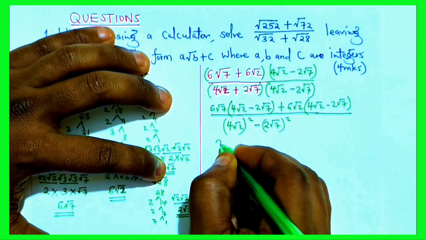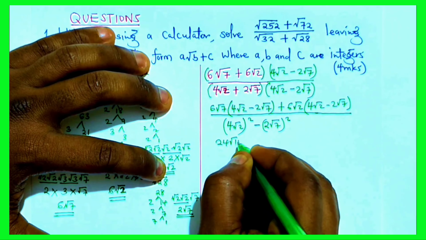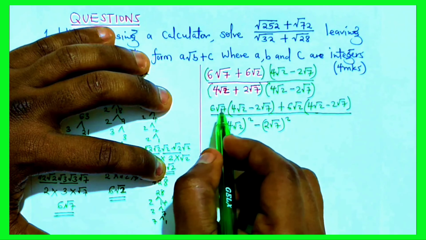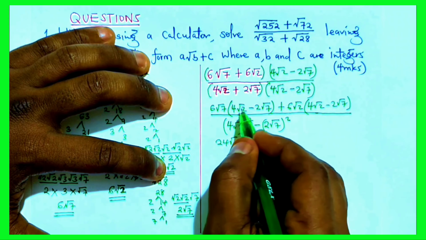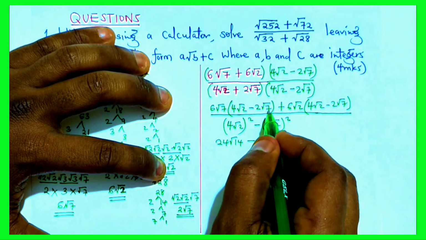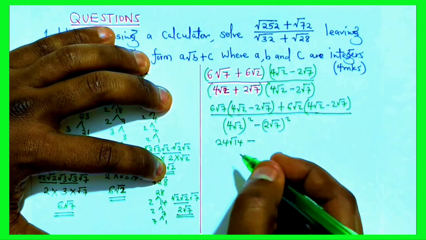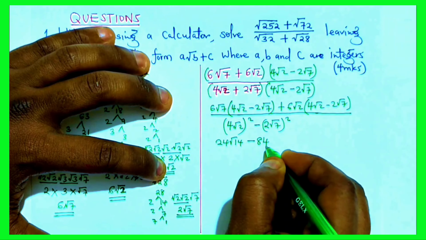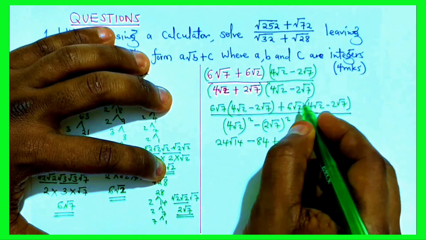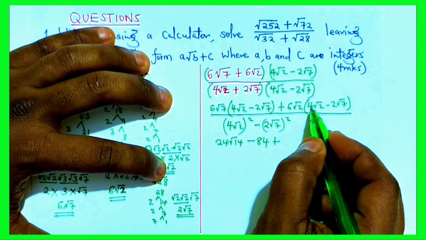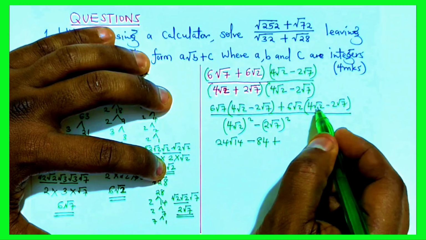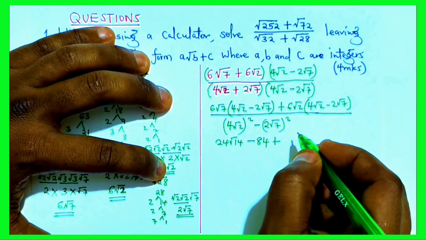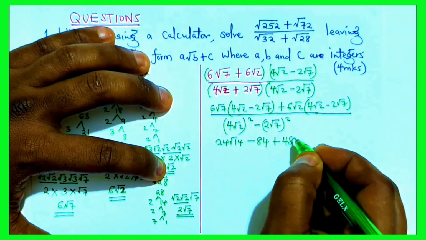So we end up having 24 root 14 to subtract the multiplication of this one here, which will be 12 times root 7 squared, which is simply 7. So 12 times 7, that will be equal to 84. And then on this other side, you are going to have 6 times 4, that is 24, and then times root 2 squared, which is 2. So 24 times 2, that will be 48.